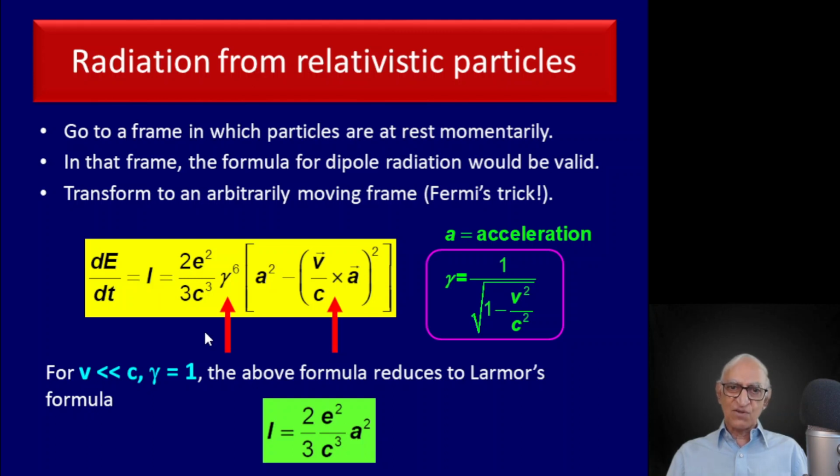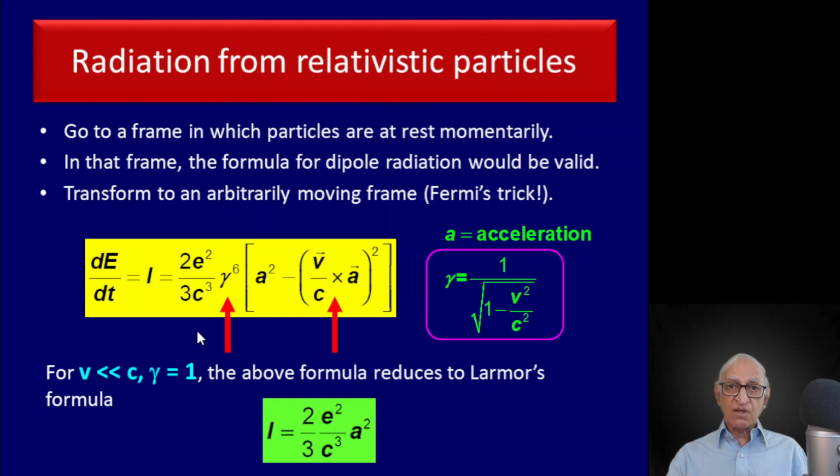If you really want to know how to calculate this, then you consult books like Jackson or Landau and Lifshitz, or Fermi's book on nuclear physics, where you'll find this formula derived. But it's a simple trick, and all you're doing is a Lorentz transformation from one frame to another.